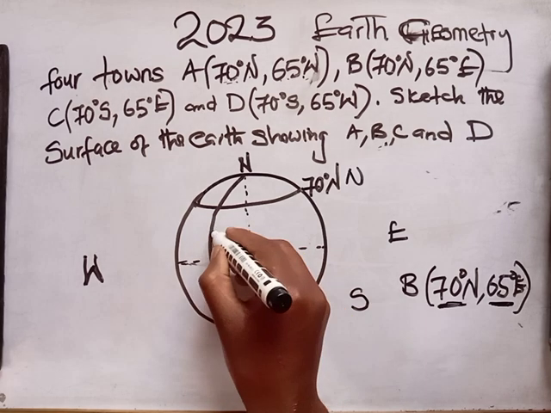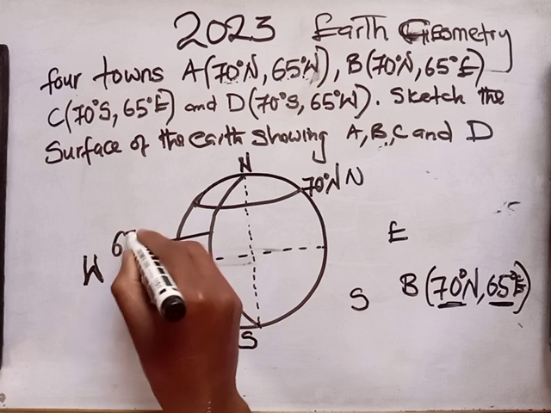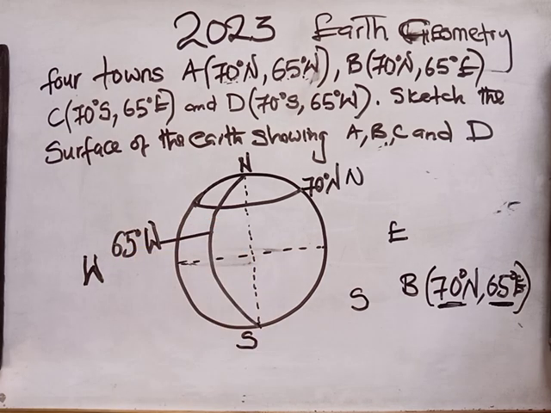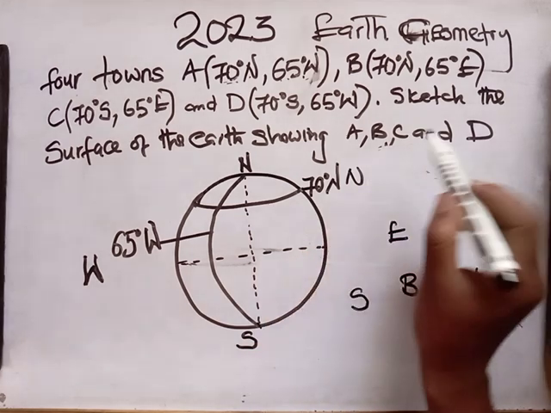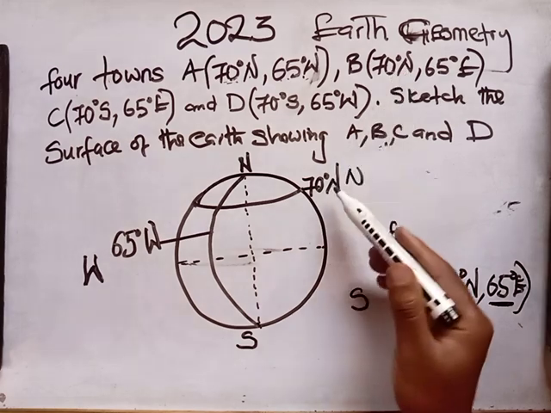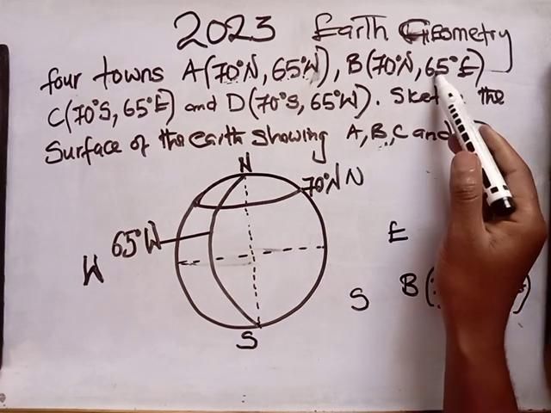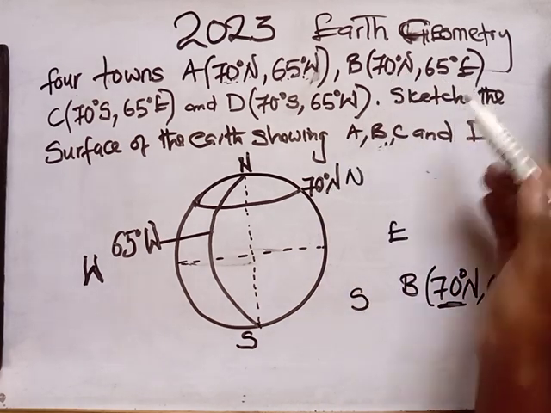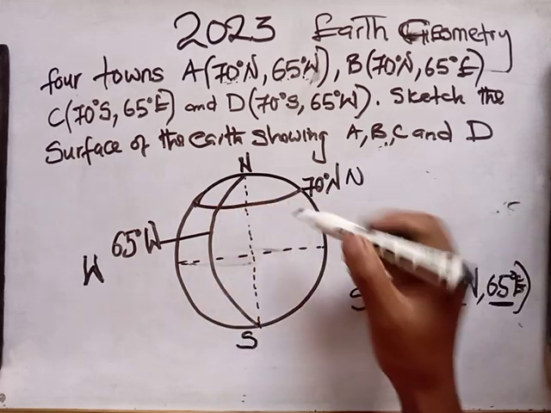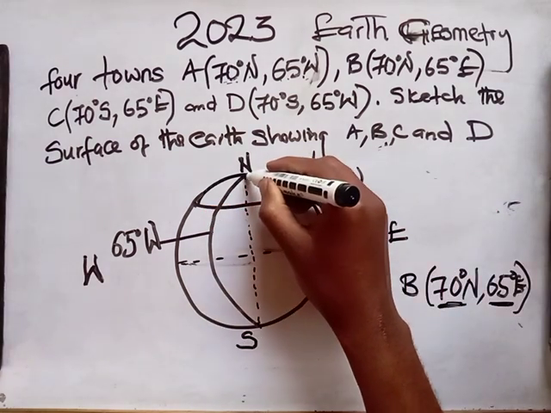So this is 65 degrees west. And then we have B, 70 degrees north and 65 degrees east. 65 degrees east means it is on the eastern side, so it is this side.